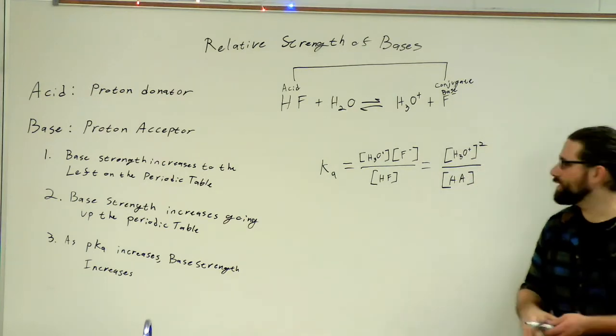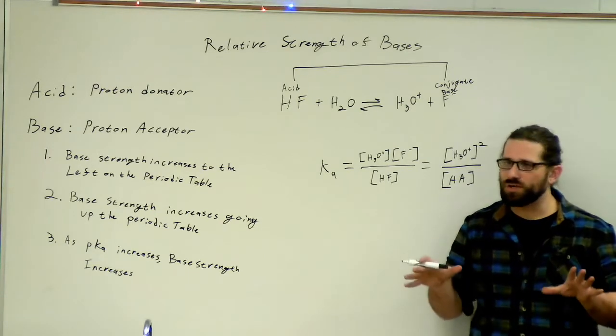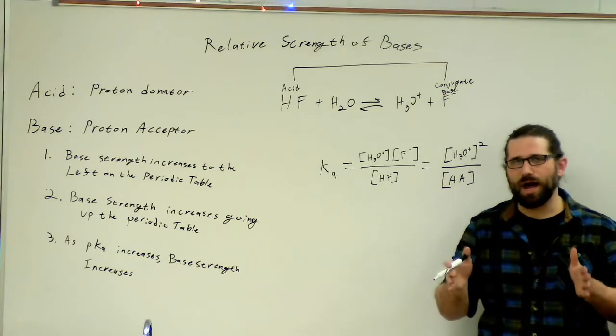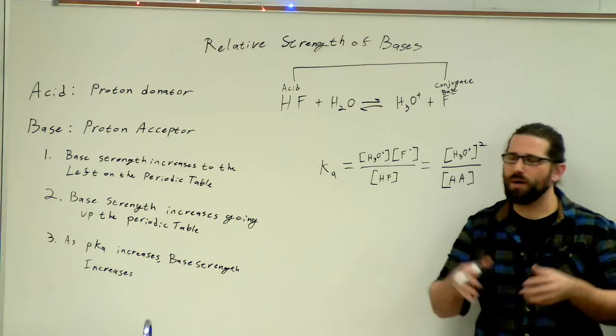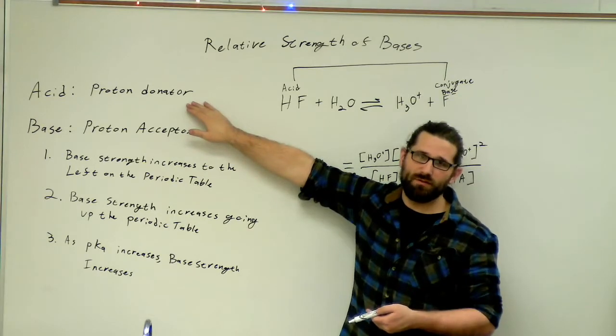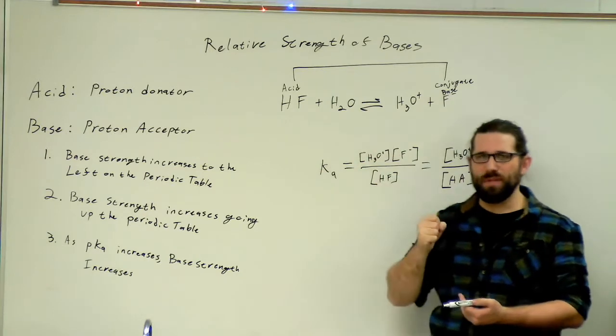And when I do that, I get some certain value for Ka. It's really just an expression of the ratio of how much this is going to ionize, how much this is going to break up, how much this is actually going to be donating those protons versus how often this conjugate is going to be picking them back up.